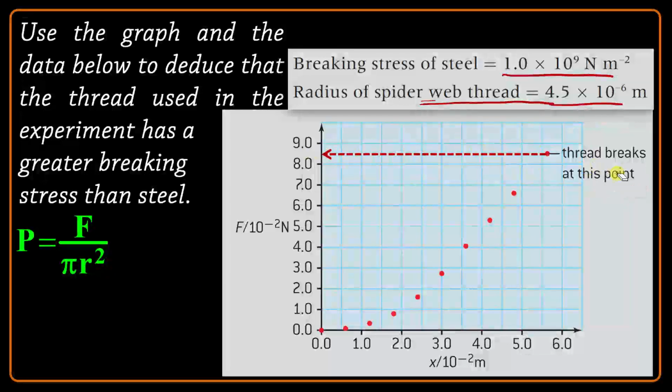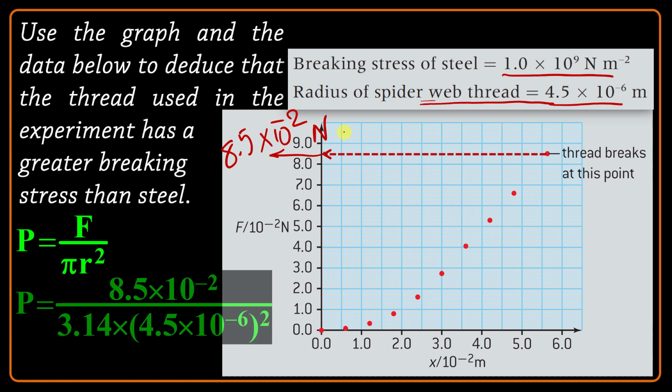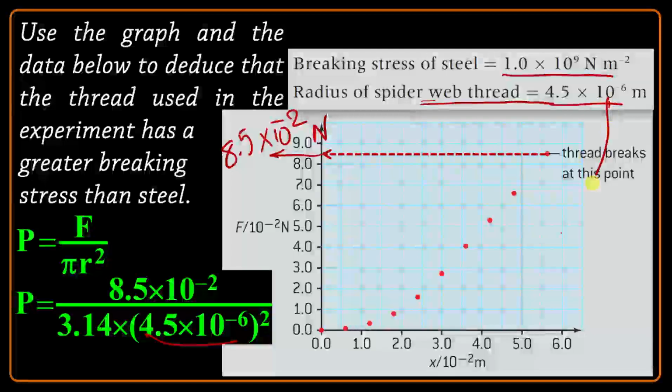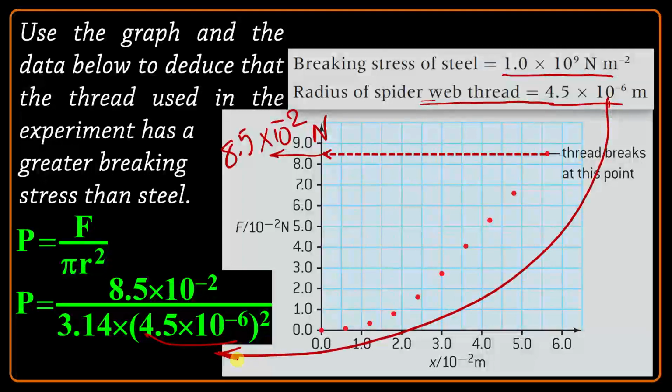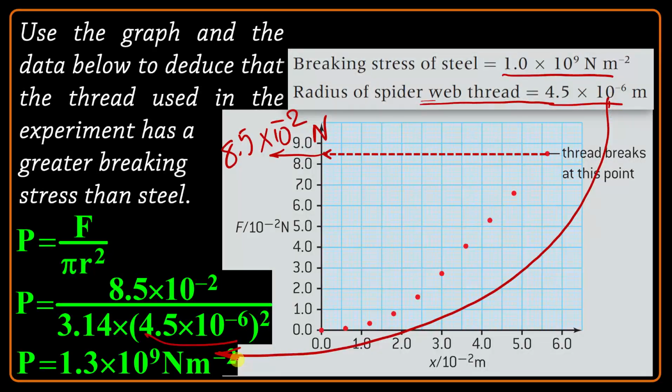Here, approximately the thread breaks at this point, so it may be about 8.5 times 10 to the negative 2 newtons. So I substitute the value here, and pi 3.14 multiplied by the radius. Okay, radius is given here. I've just directly substituted the value. So the stress is 1.3 times 10 to the 9 newton per meter squared.